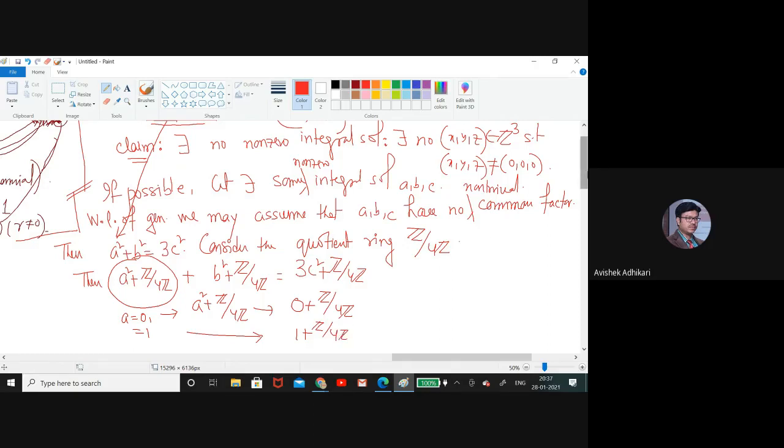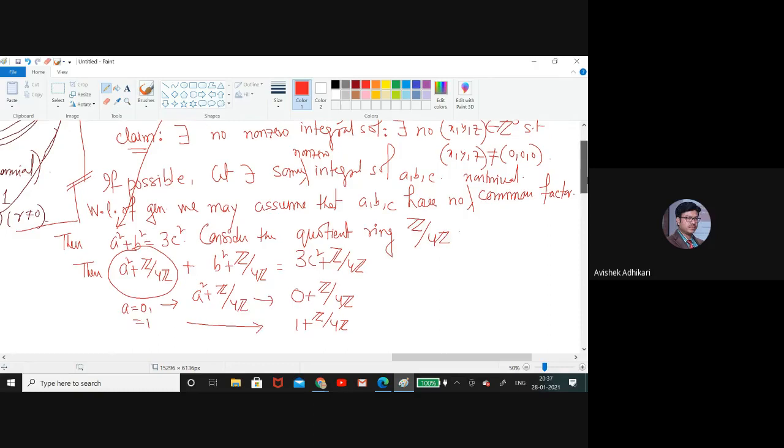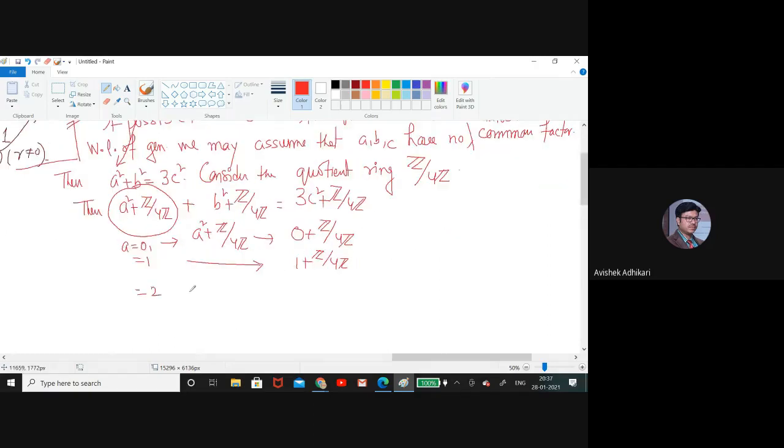If the value of A is 2, then 2 square means 4, 4 plus 4Z, which is nothing but 0 plus 4Z. If it is 3, then its value becomes 9, 9 plus 4Z, same as 1 plus 4Z. If the value is 4, then it becomes 0 plus 4Z, and so on.